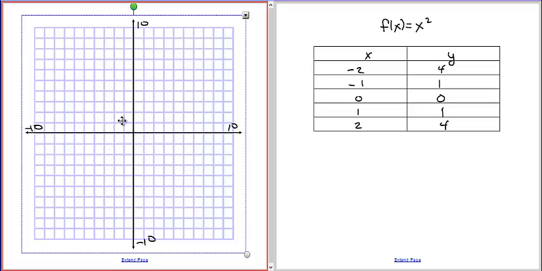So if you plot these points, you go to -2, 4; -1, 1; 0, 0; 1, 1; 2, 4. Now you could include 2 more points, which would be 3, 9. 3 squared is 9, and -3 squared is 9.